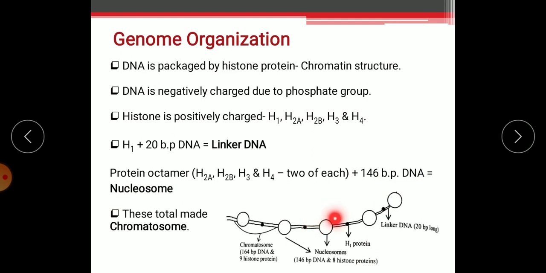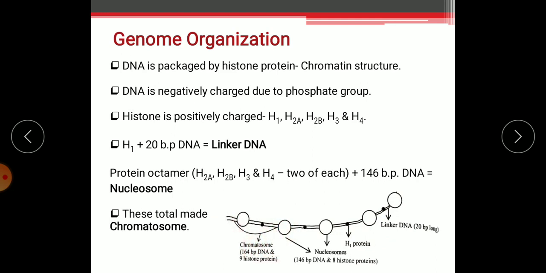This is one total nucleosome, which consists of the protein octamer, the histone protein structure, and the DNA. And this linker DNA with the nucleosome, like in the picture in this part you can see the linker DNA with the nucleosome, all together is called the chromatosome.